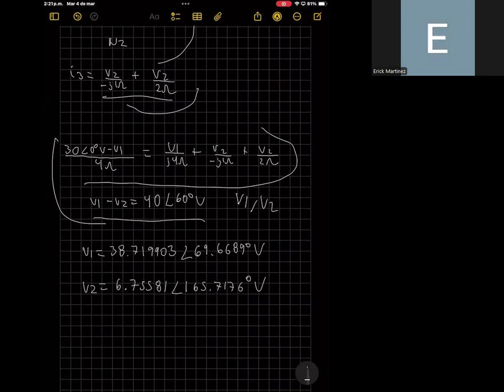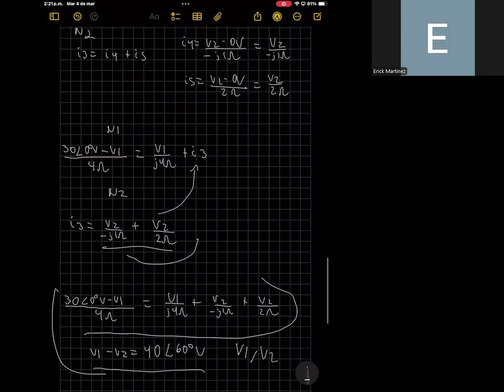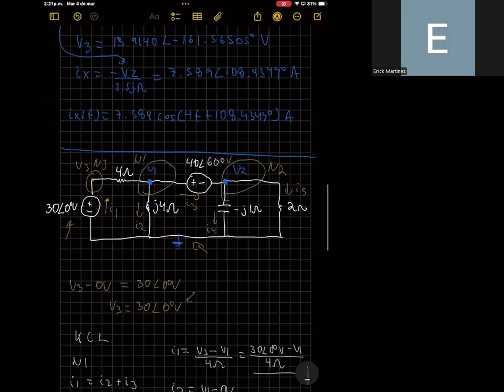Well, that is the result. This is the value of V1 and this is the value of V2. So this is what some people call a supernode. The reason they say that it's a supernode is that you need to define a bigger expression for the Kirchhoff current law, because there is no way in which you can compute the current I3 directly.